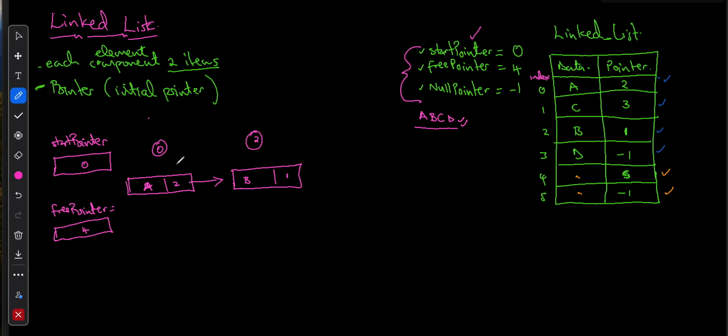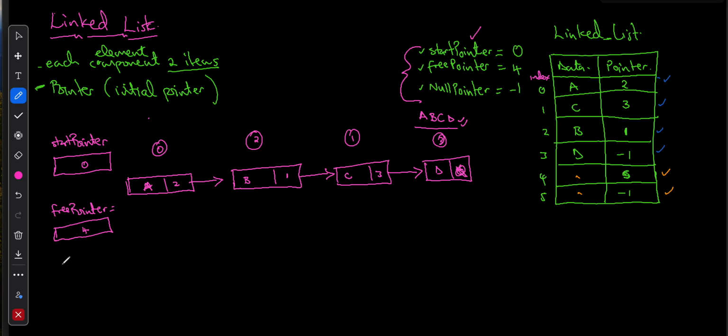What I'm circling are index positions. Then from B I go to 1, which has the data C and a pointer 3. Then I go next to 3, where I have D and -1. So I can just put phi like this to indicate that's a null pointer.